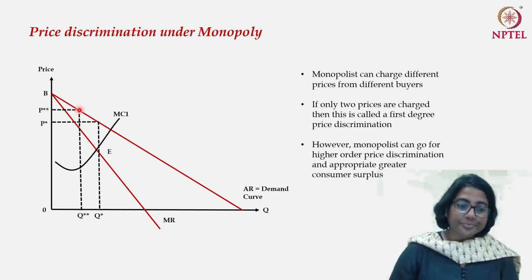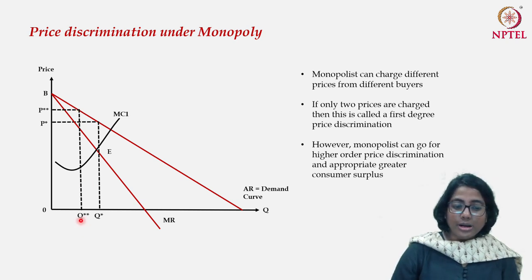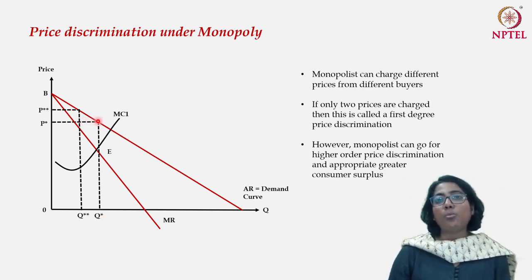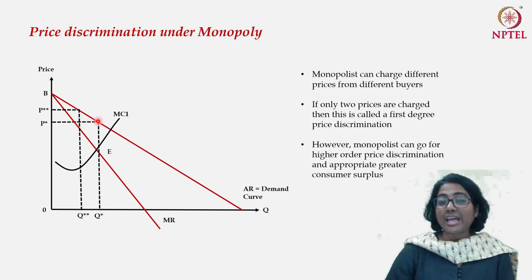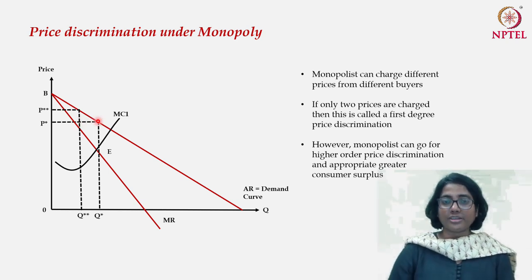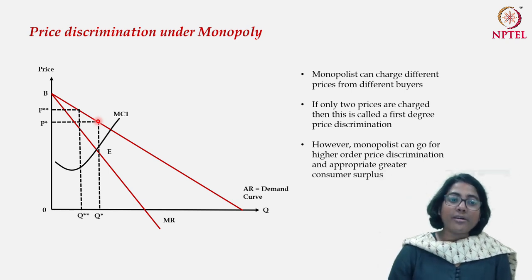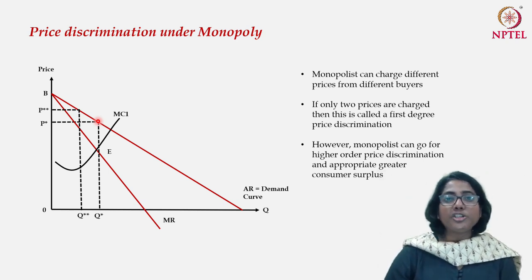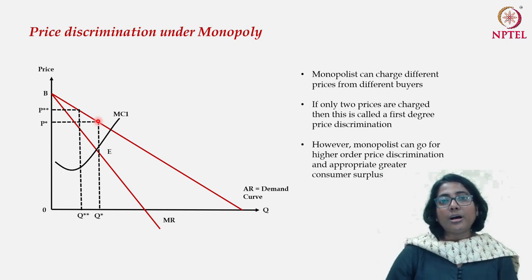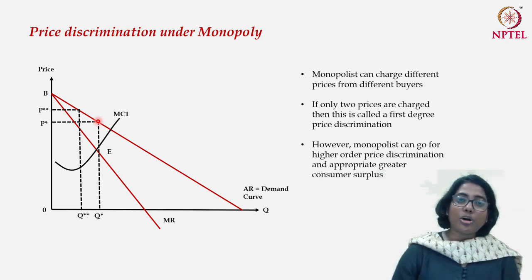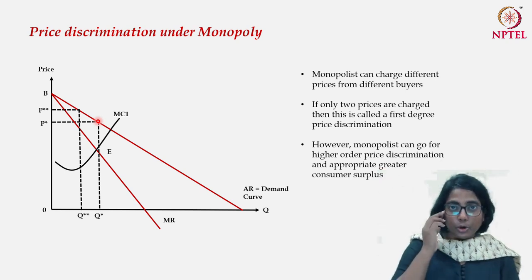However, for the rest of the people, that is for this Q double star Q star amount of product, the price that is set is P star. So depending on how much the consumer is willing to pay, if the monopolist knows the demand curve, then they can charge differential prices from different consumers. This is called price discrimination under monopoly.